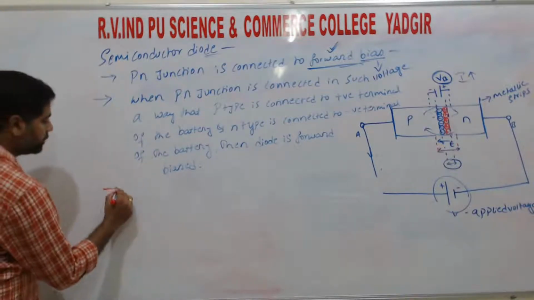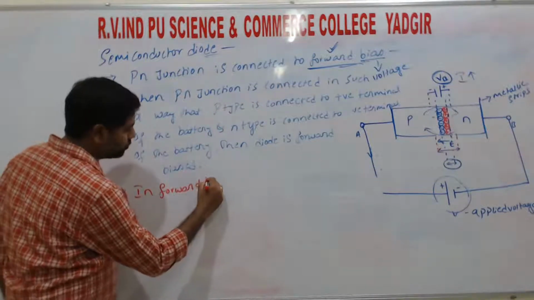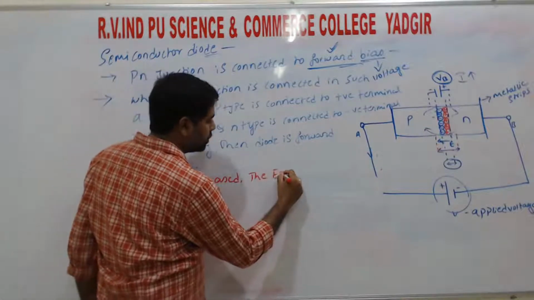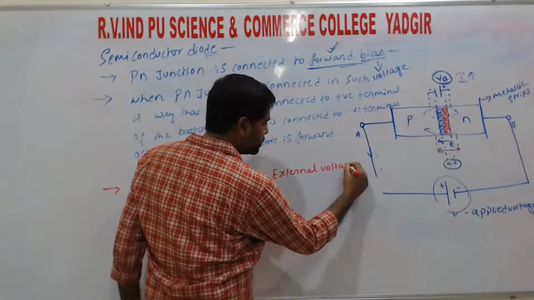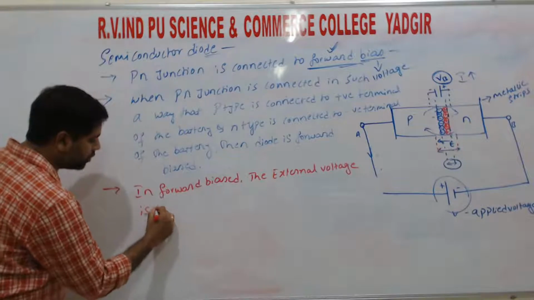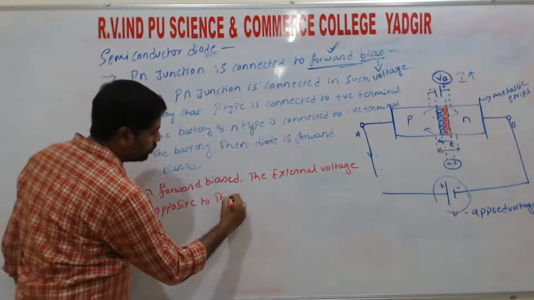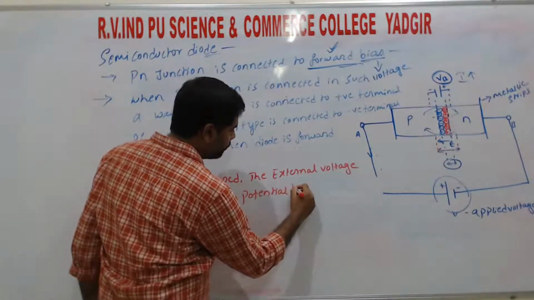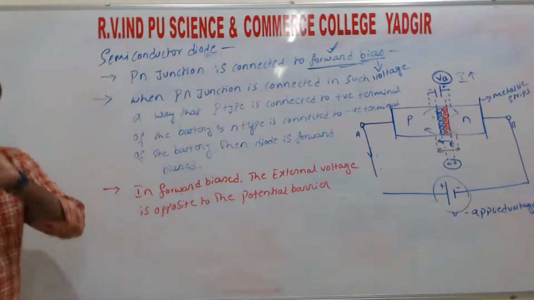So the next point is, in forward bias, the external voltage or applied voltage is opposite to the potential barrier, right?